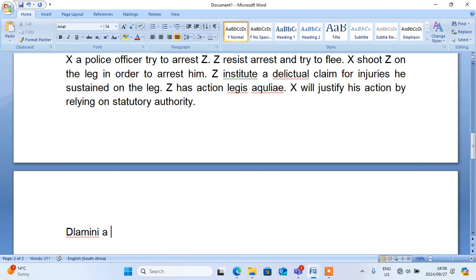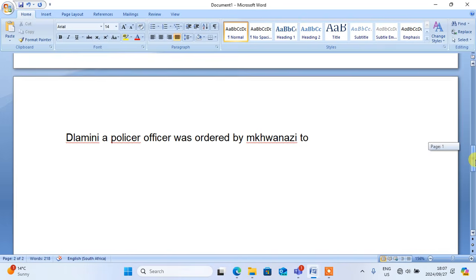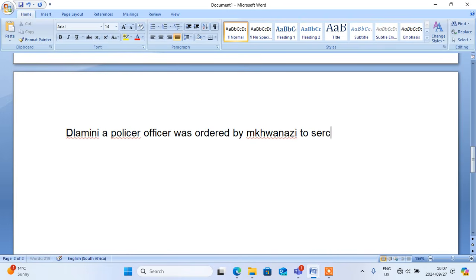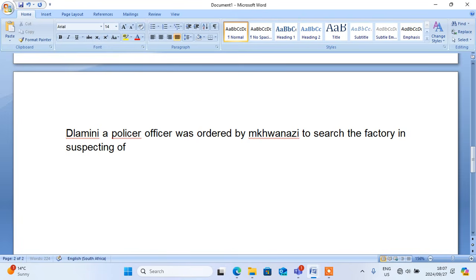Dlamini, a police officer, was ordered by Mkhwanazi to search the factory, let's just say on suspicion of drugs.